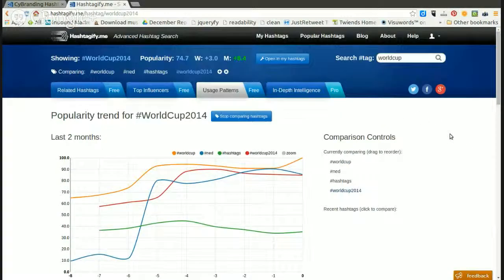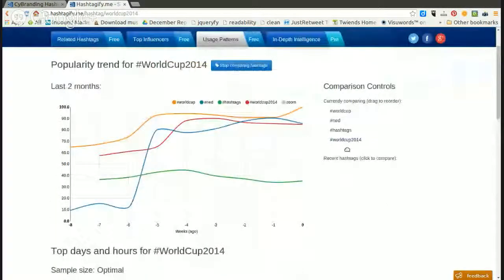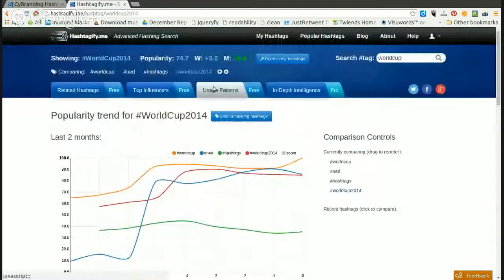Last thing I will show here, because it fits perfectly well in what we are doing now, is that if you register for free, you can also save. For example, now I found 4 hashtags which are interesting for one subject, which is the World Cup. Let's say that I want to refer to this bundle, as we call it, later in time, and I would like to compare in 1 month how these trends changed.